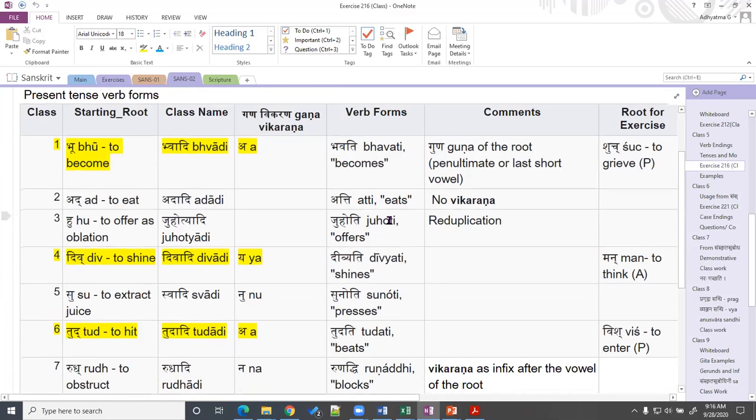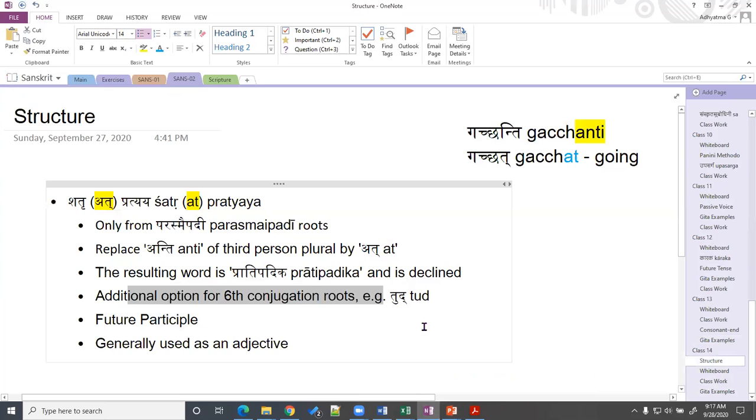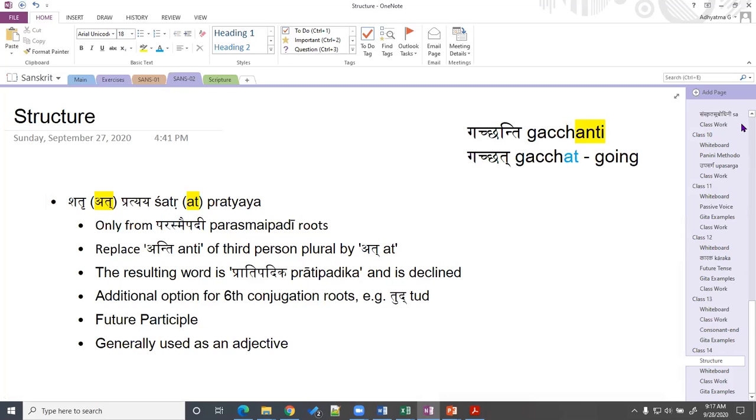We studied that in class number 5. So we studied these conjugations. And the 6th conjugation verbs, roots like tud, we say tudadi, like vish, vishati. For 6th conjugation roots, there is an additional rule. What is the additional rule here? The additional rule is that for gachat, it is gachanti.